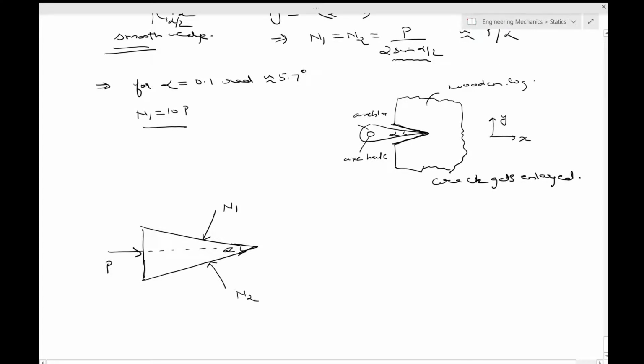N2, and then say this angle is alpha by 2. This is also alpha by 2. And then you have F1, you have F2.